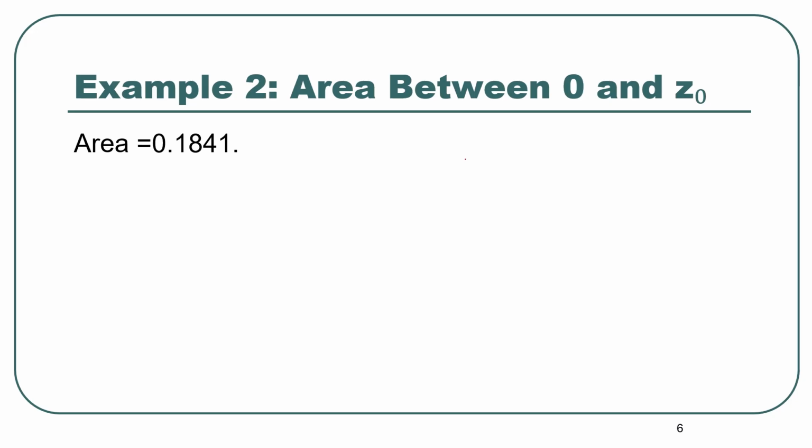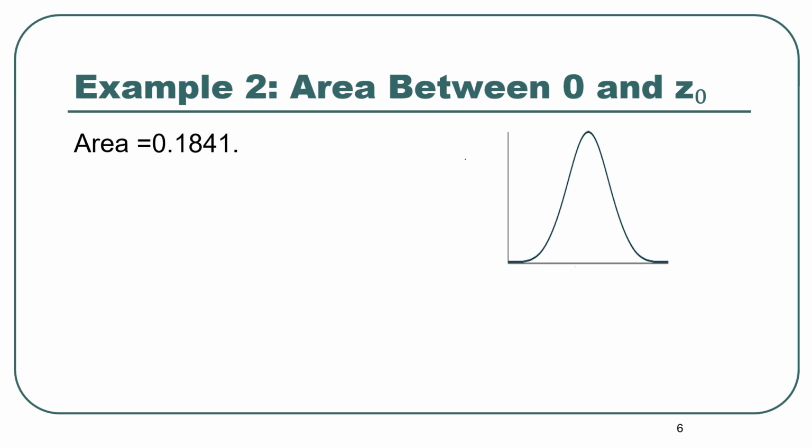So let's practice. Find the z value such that the area between 0 and z is 0.1841. The first step again is to put our area on a graph. So let's do that together.